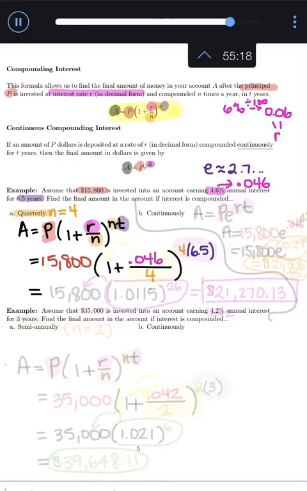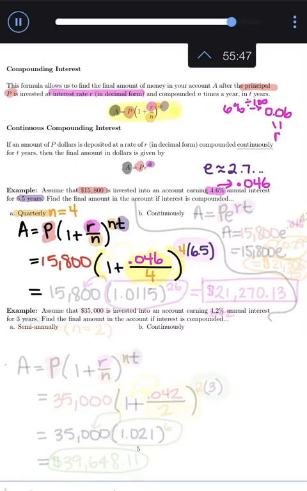Now, the only thing we have to be careful of is that we follow the order of operations when we plug this into our calculator. We'd start by first looking inside of our parentheses, and what we'd start out with first inside the parentheses is the division. So we'd start with 0.046 divided by 4, which is 0.0115.